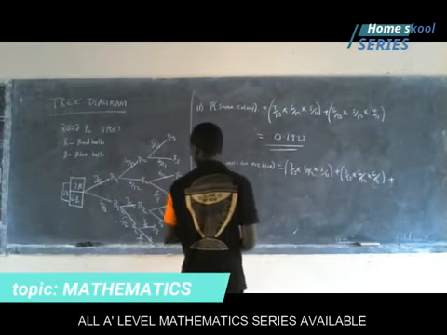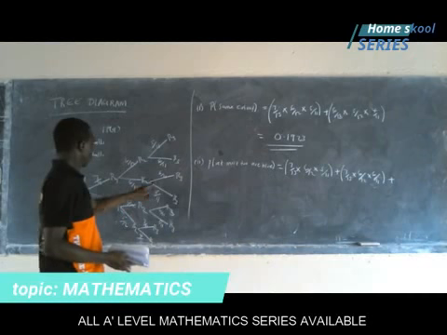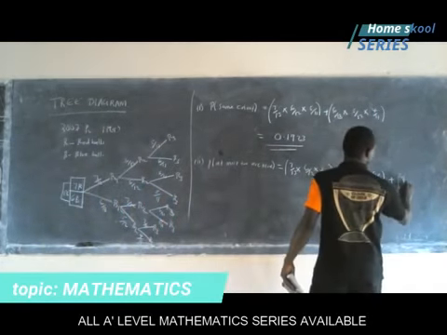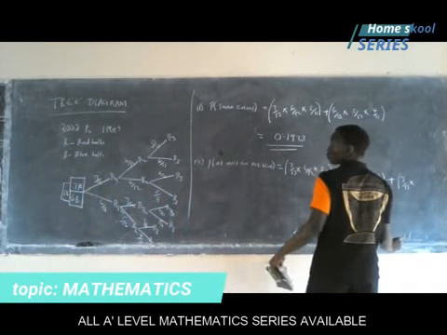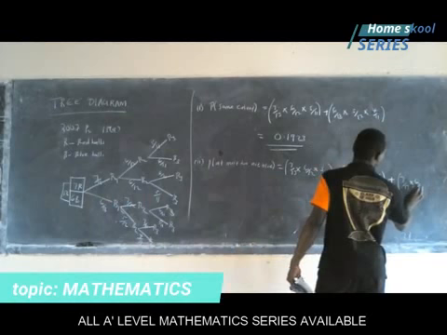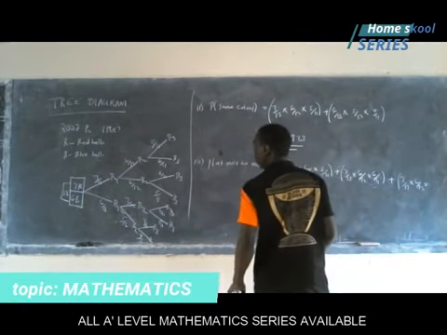Then likewise getting still 1 blue, it can be this times that. That is 7 over 13 times 6 over 12 and then times 6 over 11.